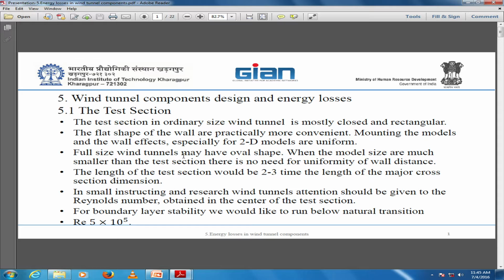Now for Reynolds number million, and for L over D 3, namely length of the test section 3 times the long dimension, typical dynamic pressure loss will be in the order of 3.5% of the jet power. 3.5%, which is not so bad.